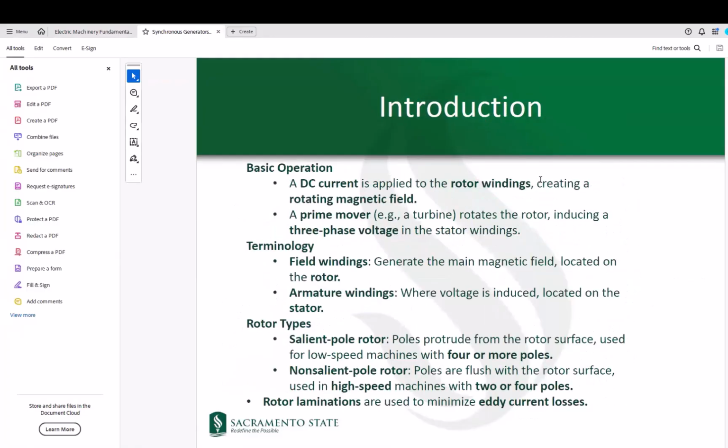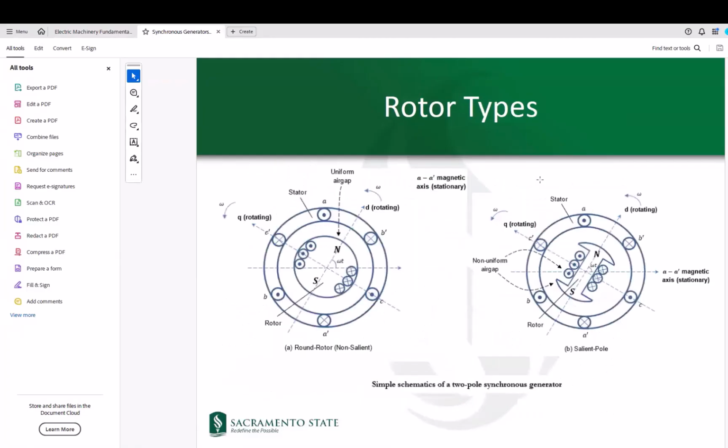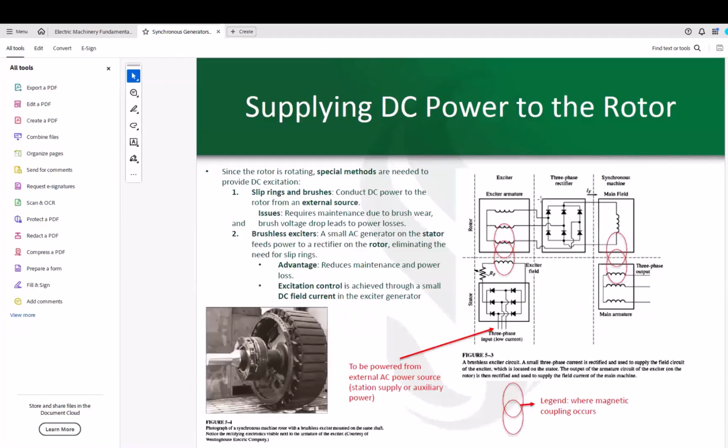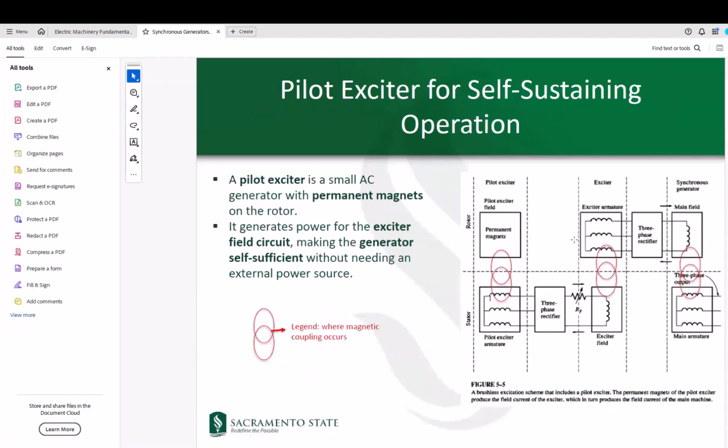So we talked about the basic operation, rotor types, including the salient pole and round rotor. And then we talked about how the exciter works. So we could have a pilot exciter and the synchronous generator all in the same station in order to be able to run the generator when the system is starting from a blackout.